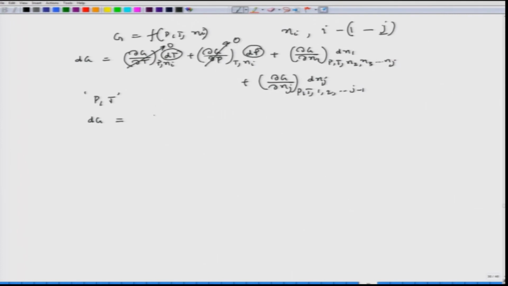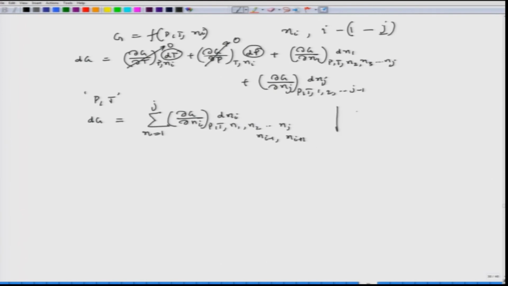So, we are left with the sum of the partial derivative of G with respect to n i, holding P, T and the other n's with i missing, times d n i, and here i varies from 1 to j.